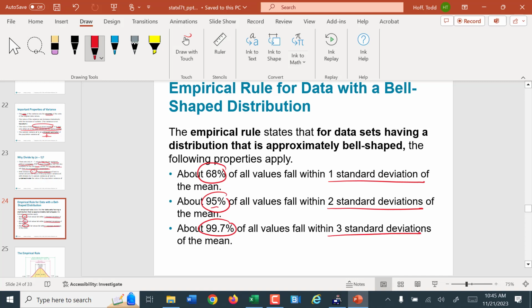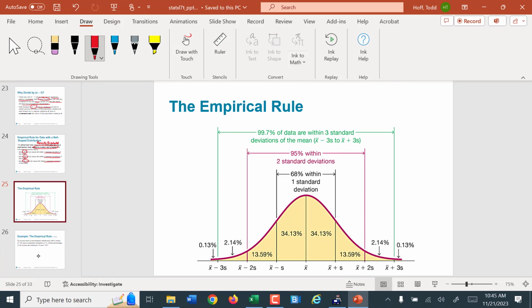Now notice though, this says only if the data set is approximately bell-shaped. In other words, if it is approximately normally distributed, this will be true. If it's not normally distributed, then there's another estimator that we'll use for this type of thing. So what this is saying, if we have our mean in the middle, if we go out 1 standard deviation in each direction, we expect 68% to be in that range.